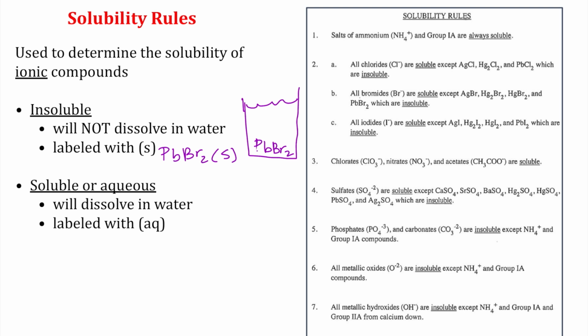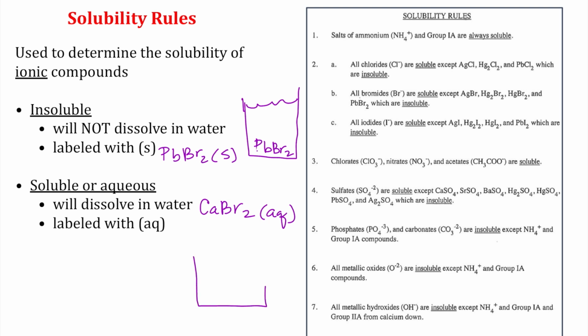When we are looking at if something is soluble, that means that it is going to be aqueous in water and it will dissolve in water. And so looking at those bromides again, all bromides are soluble except, so let's look at calcium bromide, CaBr2. Calcium bromide is soluble, meaning that it would be aqueous when in water.